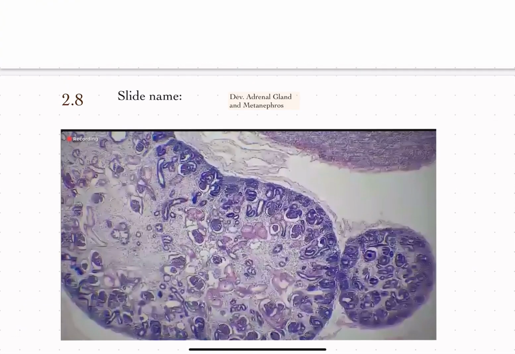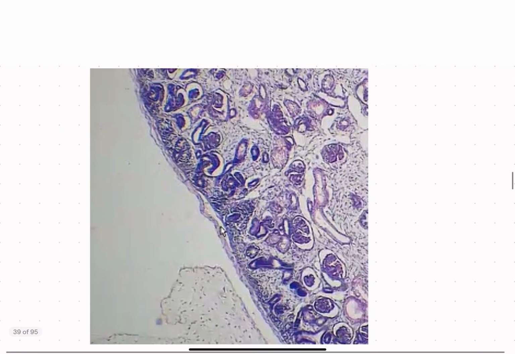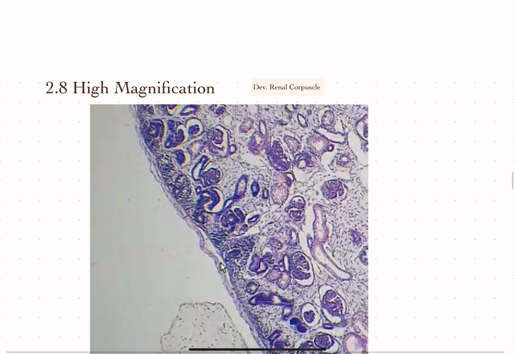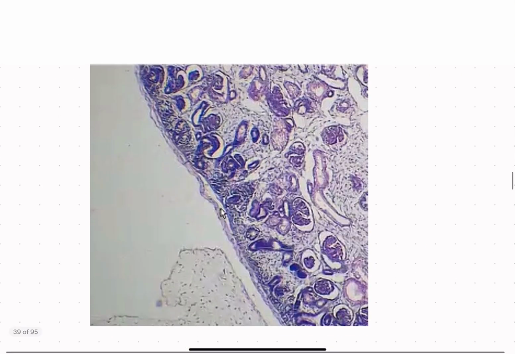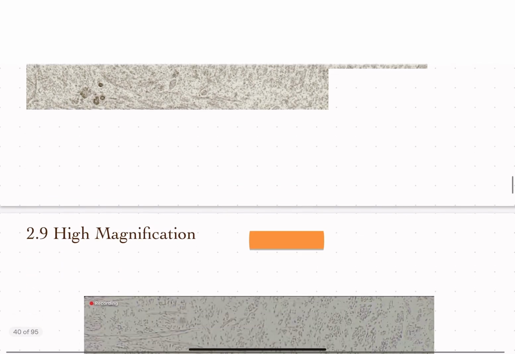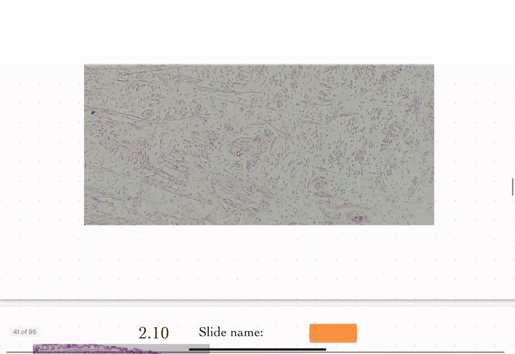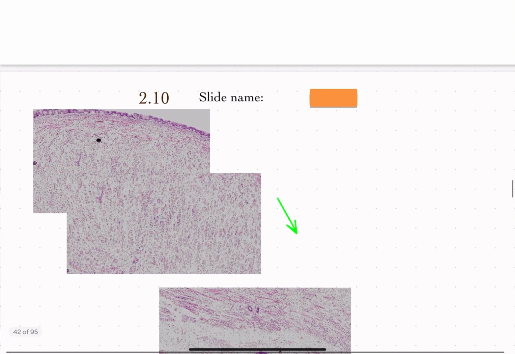2.8 had the developing adrenal gland and metanephros. It would be enough to just write in metanephros here because we didn't really see the adrenal gland. And then for the structure, developing renal corpuscle. 2.9 was the developing tongue 11 to 12 weeks. And for the structure, it was the striated skeletal muscle fiber bundle. 2.10 was the same as previously.